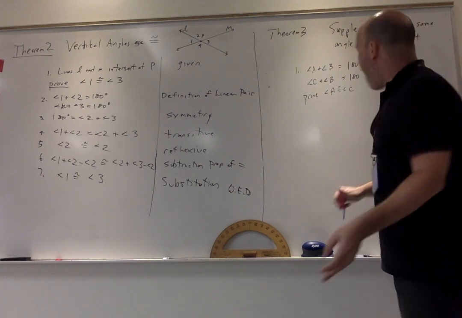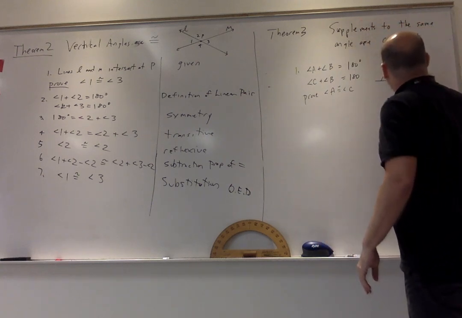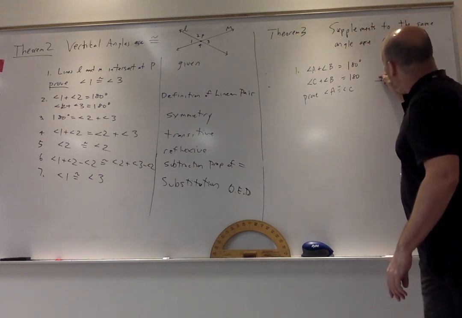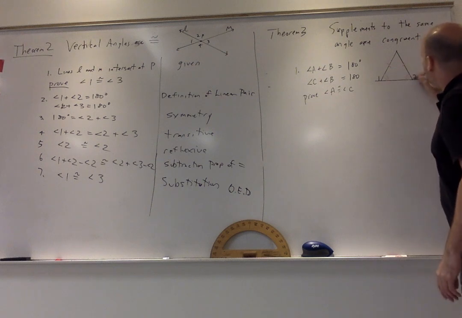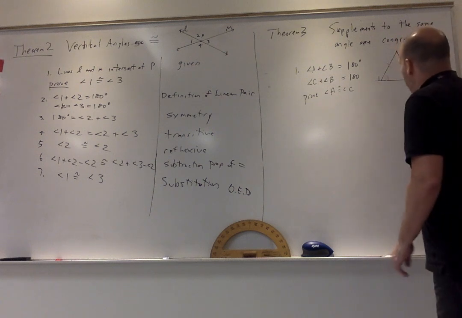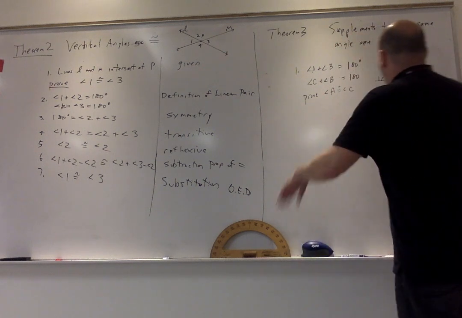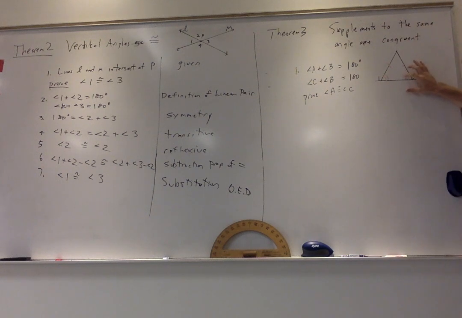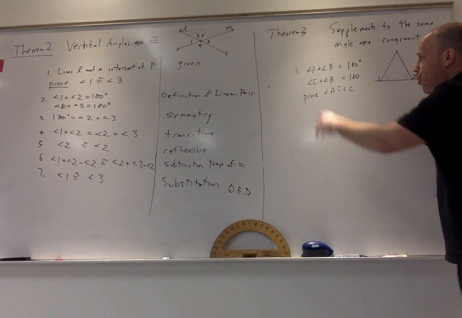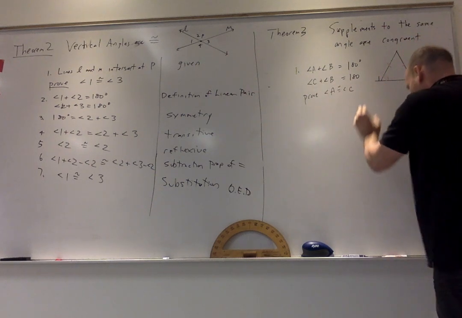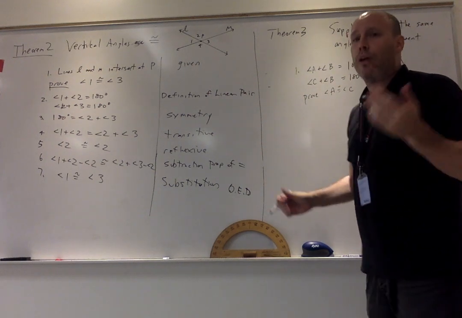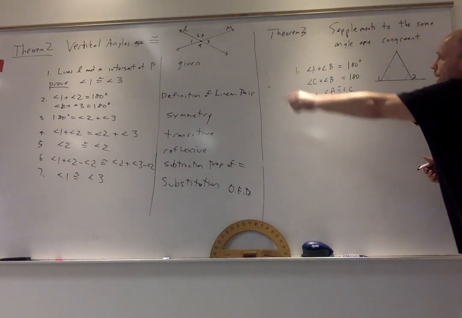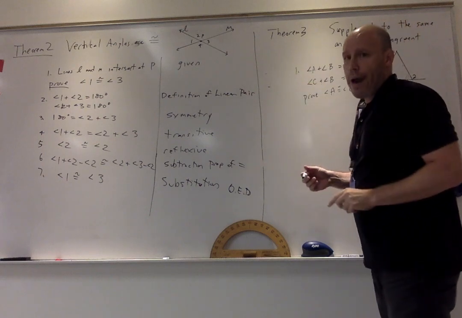We're going to discuss the fact that the base angles are congruent, and I'm going to say prove that angle 1 is congruent to angle 2. The idea is that 1 is supplementary to this angle, and 2 is supplementary to an angle congruent, and we're going to use this theorem to prove they're congruent. Supplements to the same angle are congruent. Same idea, but they don't necessarily need to be a linear pair.